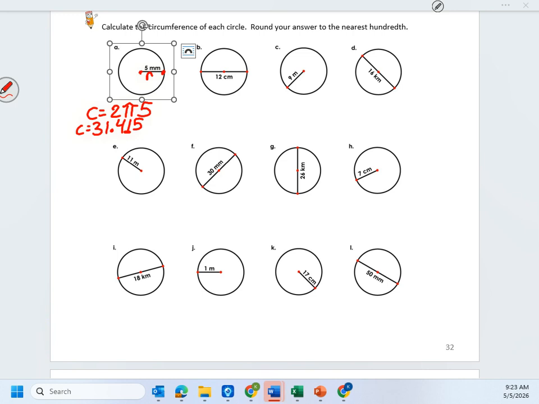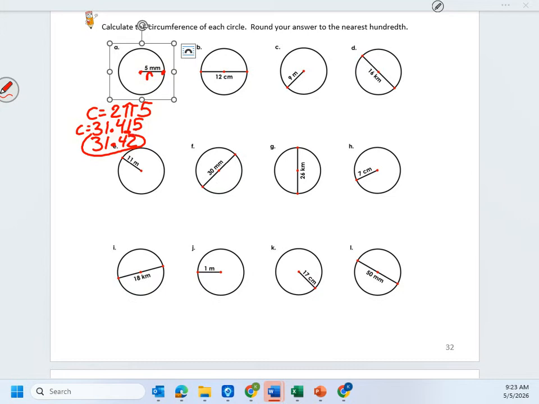So what would that round to, Matt? 31.42. Good. That one is followed by a 5. If it's 5 or more, you're going to round that 100th place up 1. If it's 4 or less, it stays the same. So it was followed by a 5, so we rounded up.